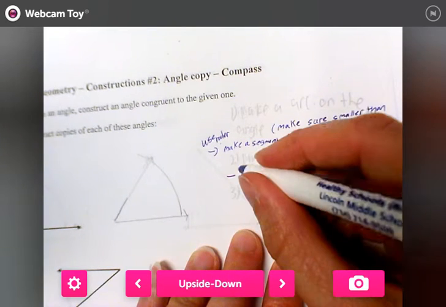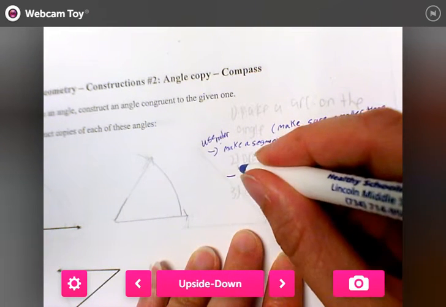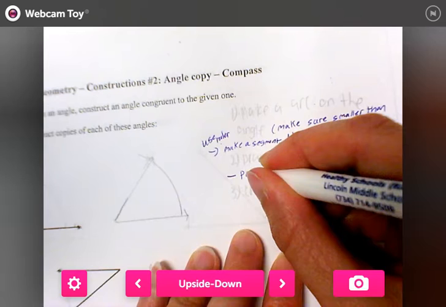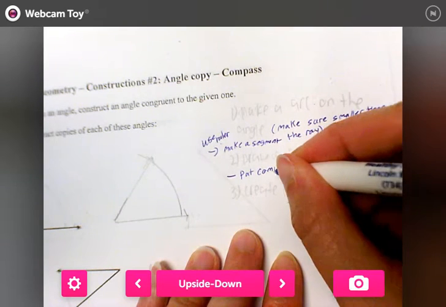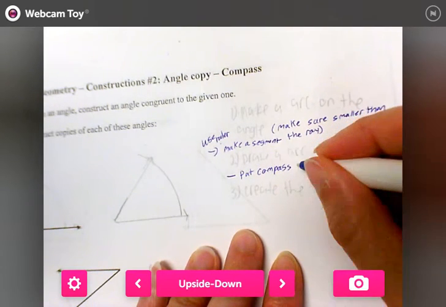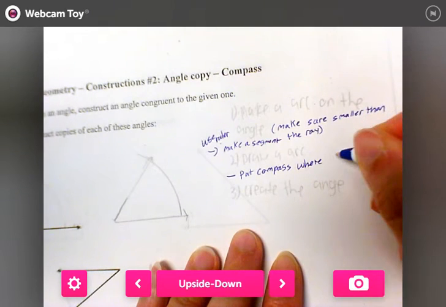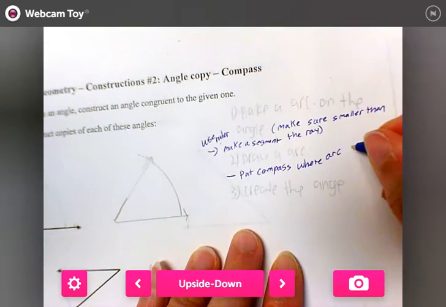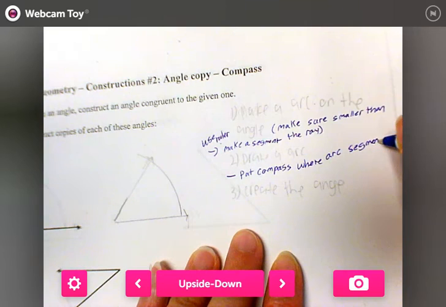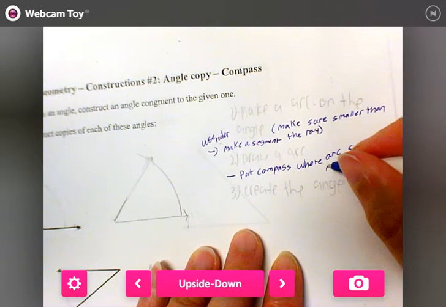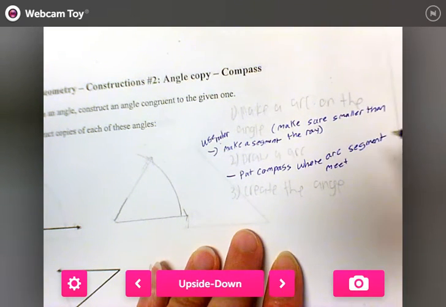And then I'm going to put another little one in here. We want to put compass where arc and segment meet. Draw small arc.